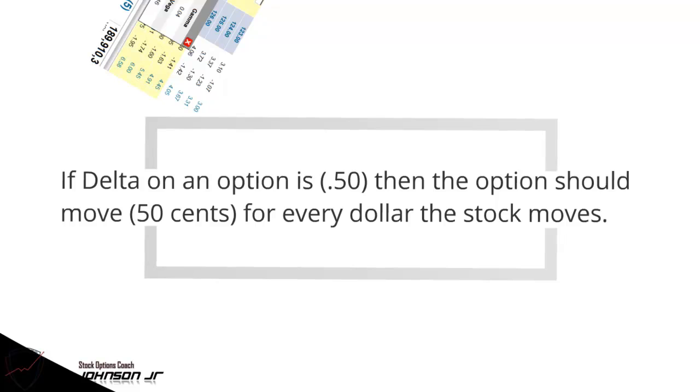So basically, delta is just going to let you know how much money you can expect to gain or lose in a $1 swing in the underlying stock price. If you have an option on company XYZ and company XYZ stock moves $1, then looking at the delta, it'll tell you how much you can expect that option to move. So delta is very simple.